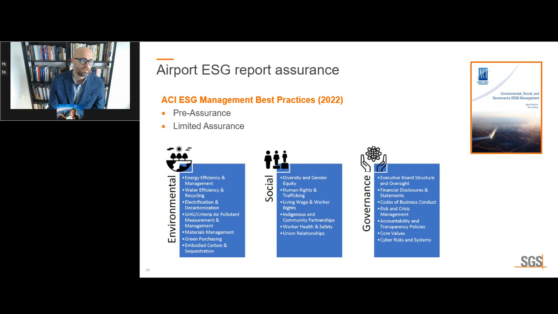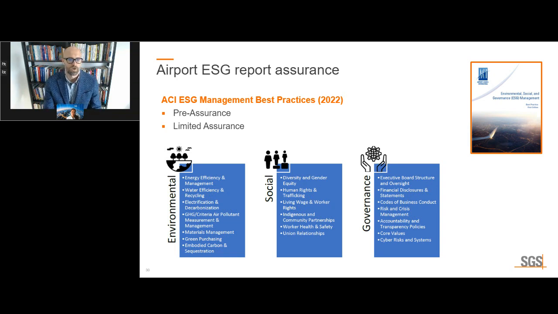And the things that they list specifically are energy efficiency, water, electrification and decarbonization, greenhouse gas, materials, green purchasing, embodied carbon, but also social topics like diversity, human rights, living wage, indigenous and community partnerships, health and safety, and union and labor relations, as well as governance, which is really critical on just how you are managing the overall approach to ESG and greenhouse gas.